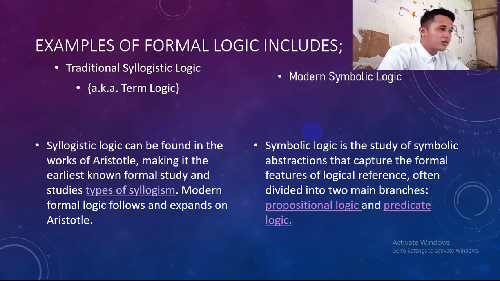Examples of formal logic include traditional syllogistic logic, also known as term logic. Syllogistic logic can be found in the works of Aristotle, making it the earliest known formal study, and it studies types of syllogism.